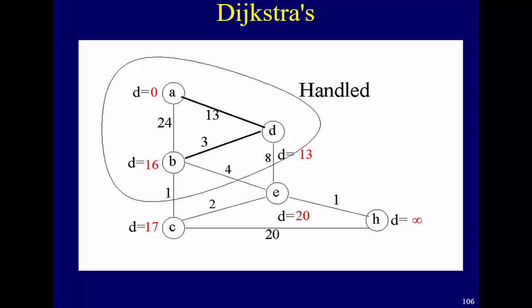All right, what does the algorithm do next? No, there's more. What does the algorithm do next? Yeah, it takes the smallest d value. The smallest d value is 17, right? So we handle it. And how do we handle it? We include it into the city. And then we update. Now that guy gets updated to 19, and that guy gets updated to 17 plus 20 is 37.